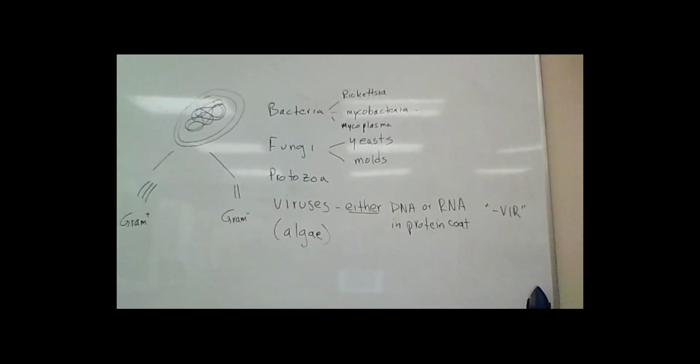And then other times it returns as herpes zoster, which is shingles. Since the chickenpox vaccine is relatively new, we don't really know if people who receive it will also get shingles.